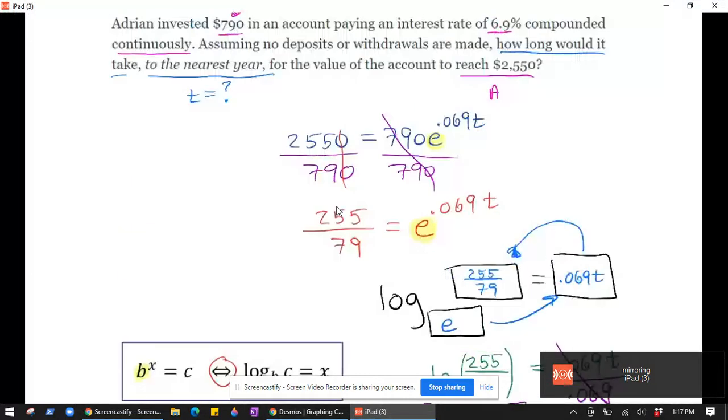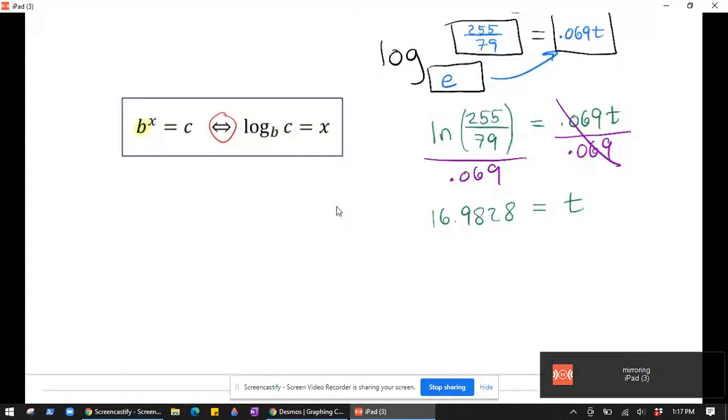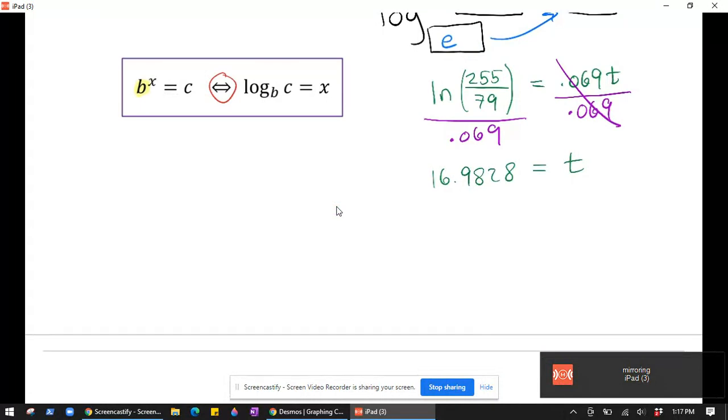So we're supposed to round this to the nearest year. So this is 16.98. So I go to the 6 there and I look at the number to the right. That is 5 or greater. So that means I round this to 17. So my answer is 17 years.